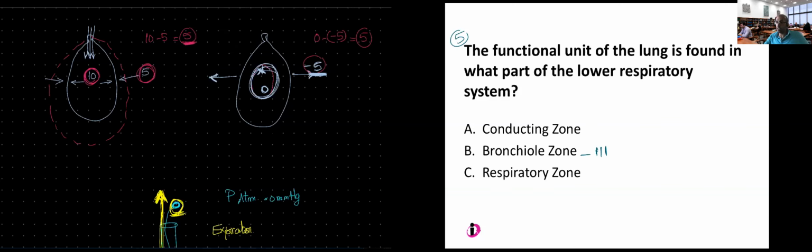What is the functional unit of the lungs? What is the functional unit of the lungs? The part that performs most of the gas exchange.